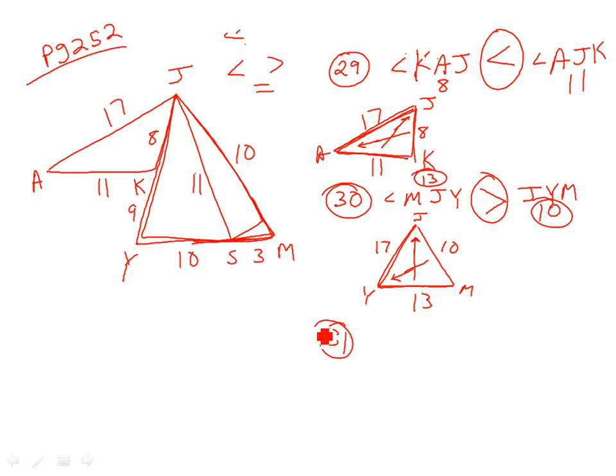31, angle SMJ and angle MJS. Oops, got my angle. All right, Keith, which triangles those two angles in? This one over here? Yeah. All right, so if I split off that little bitty one, something like that maybe.